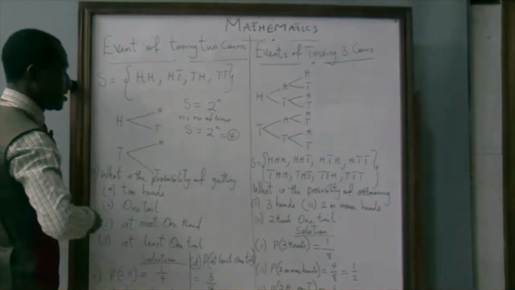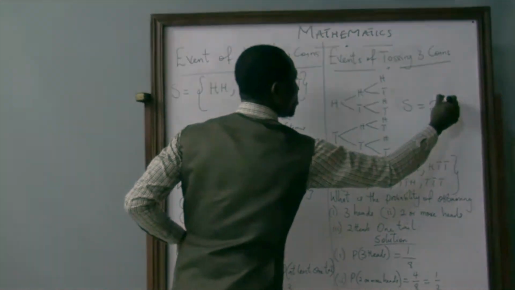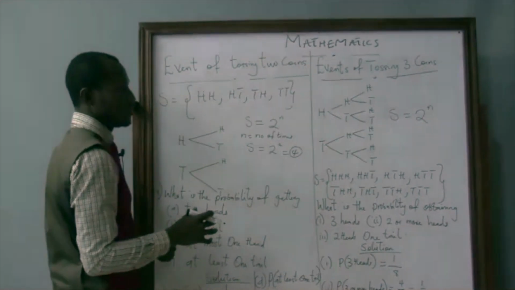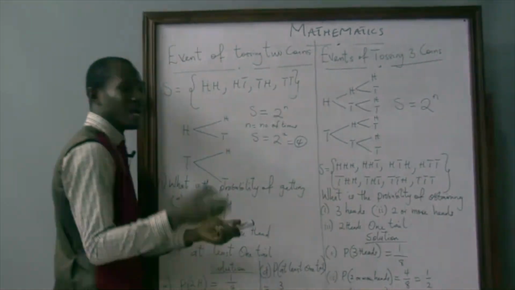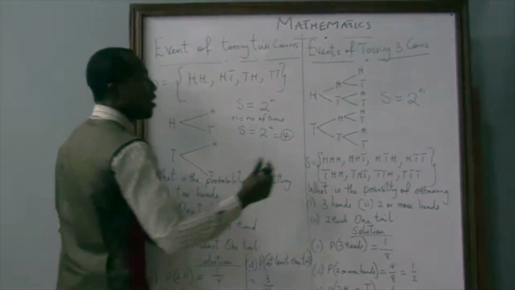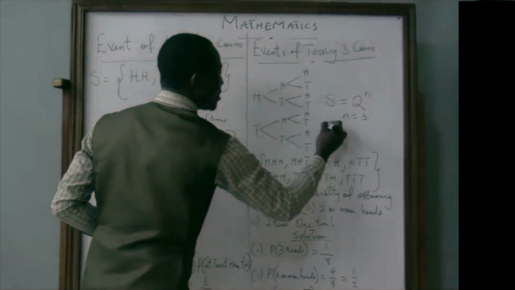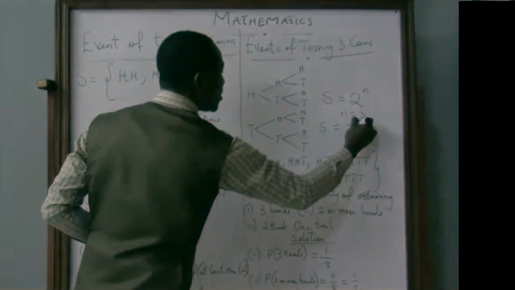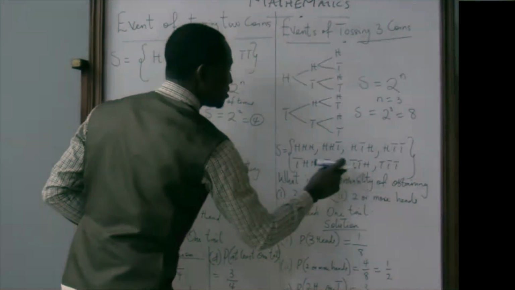Don't forget what I said. Sample space is always 2 raised to power n for coins, because the possible outcome for a coin is 2, either head or tail. Now, because I'm tossing it 3 times, my n is now what? 3. So my sample space will have 2 raised to power 3, and that is 8. And that's how I have 1, 2, 3, 4, 5, 6, 7, 8.